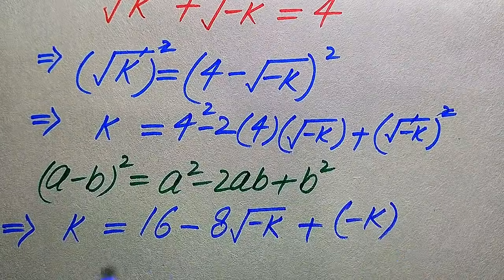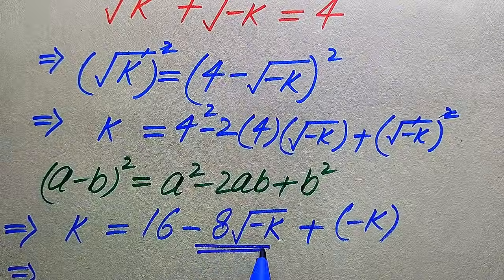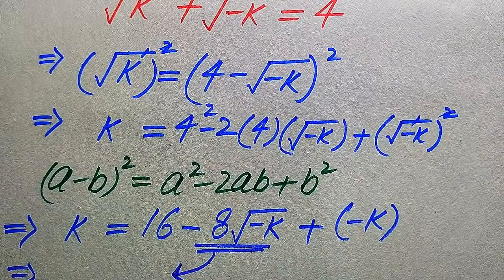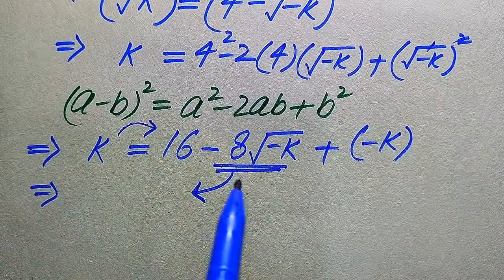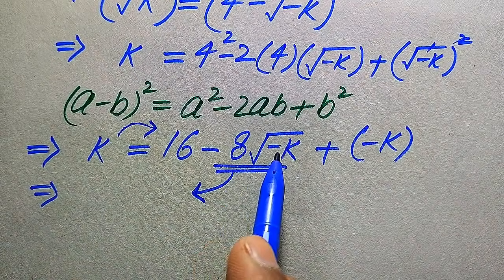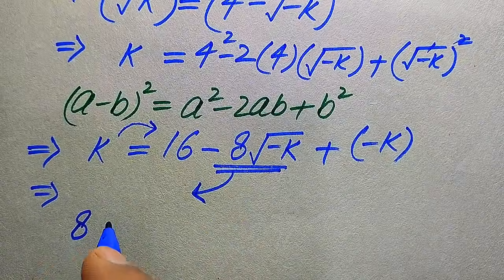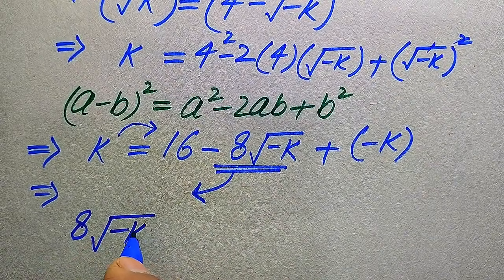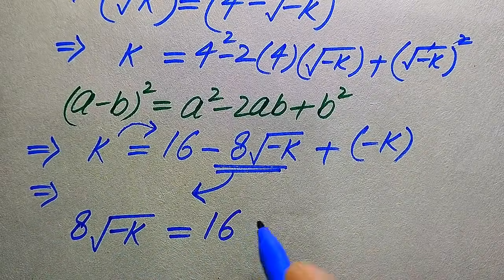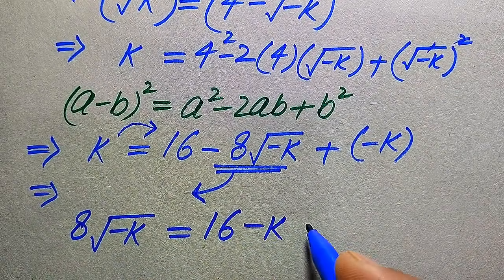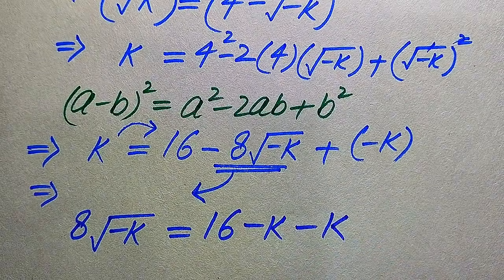And now further in the next step, here we move this term from right hand side to the left hand side, and we move this k from left hand side to the right hand side. So you see here this is minus 8 times square root of minus k. When we move it into the left hand side, it becomes plus 8 times square root of minus k is equal to, and when we move this k to the right hand side, it becomes 16 minus k, and this is plus times minus becomes minus k.